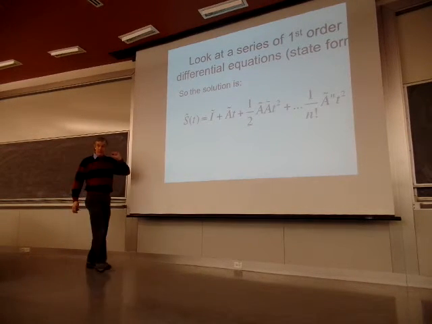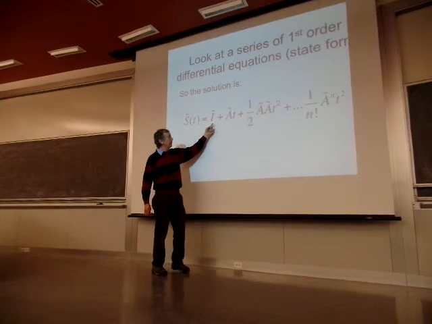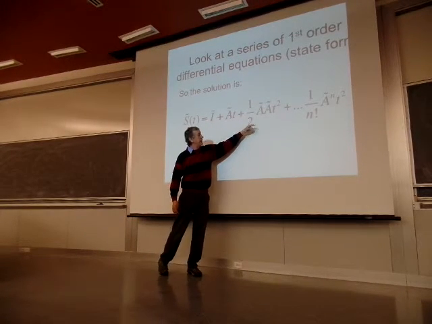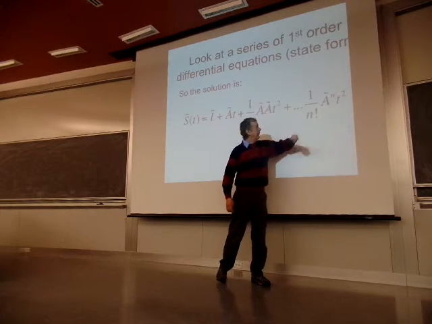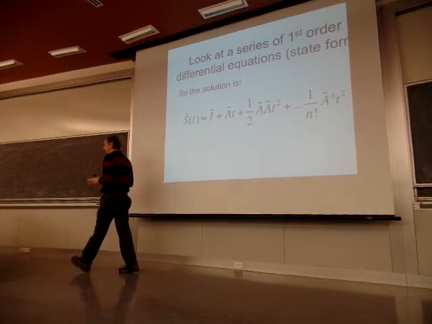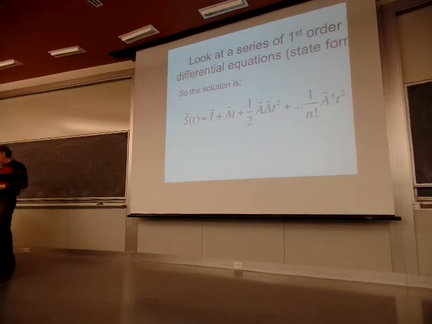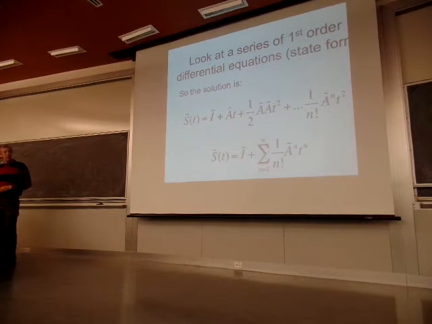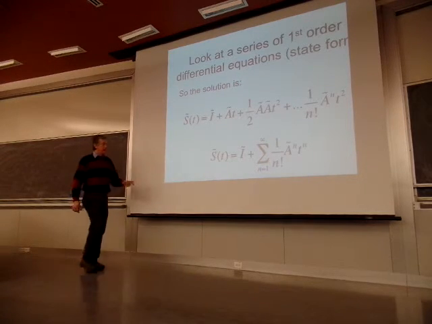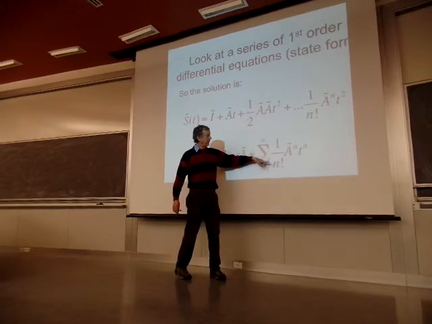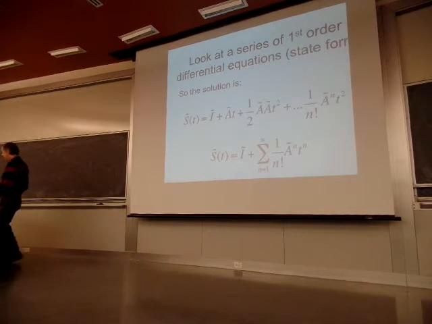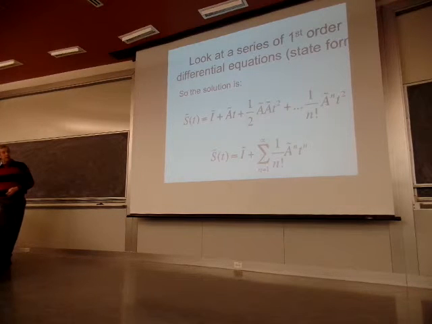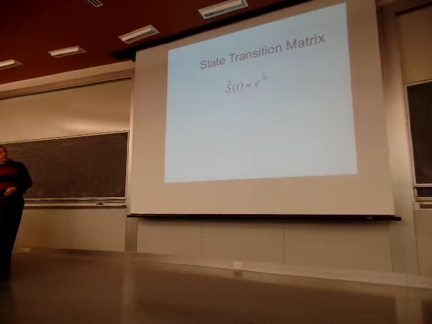It looks very similar to the original one: identity matrix, A matrix, 1/2 A times A, and finally the general form, 1 over n factorial times A to the nth power. Same structure as the first order expression. So my solution matrix here, S of t, is the identity matrix plus the total sum of these terms. Okay. That's called the state transition matrix, and it is e to the At.